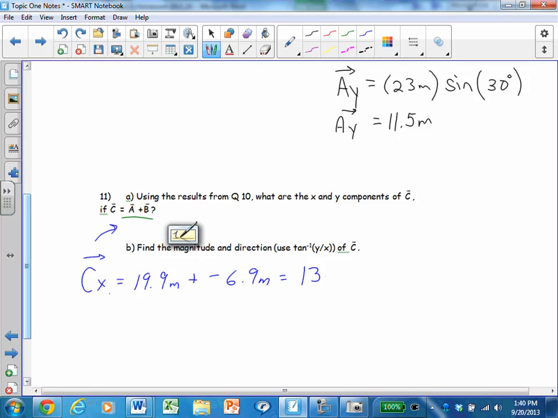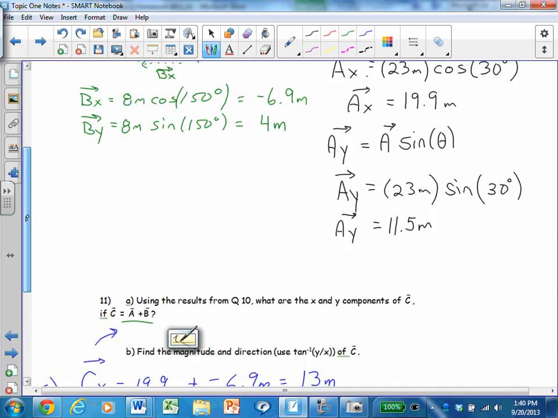And Cy is 11.5 meters plus 4 meters, right? From up here, which gives us 15.5 meters, right?